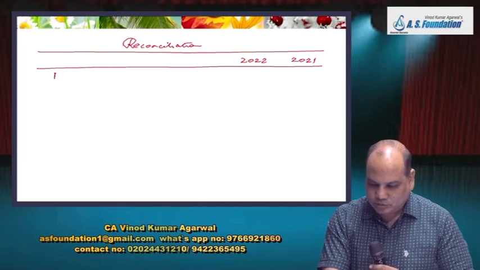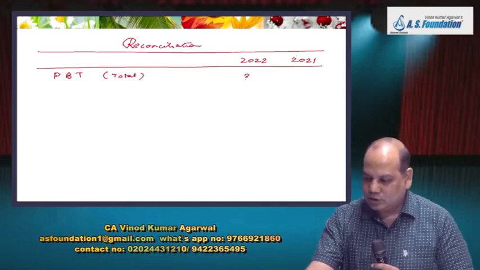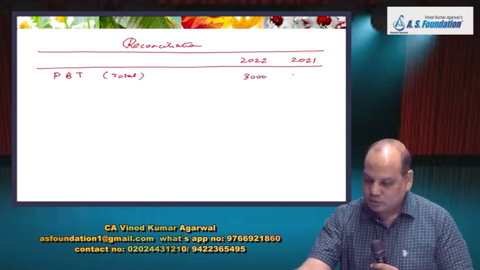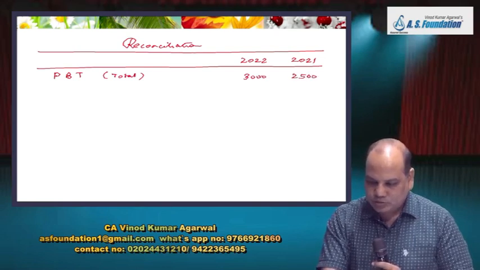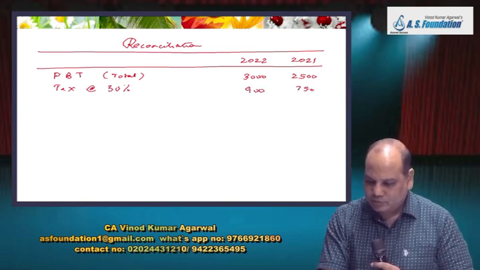Now tell me PBT total, both local income and foreign income. 3000 and 2000. Okay. Tax at the rate of 30%: 900, 750.